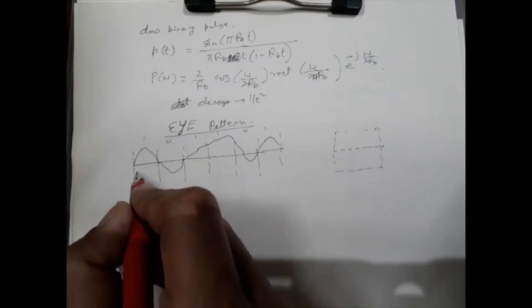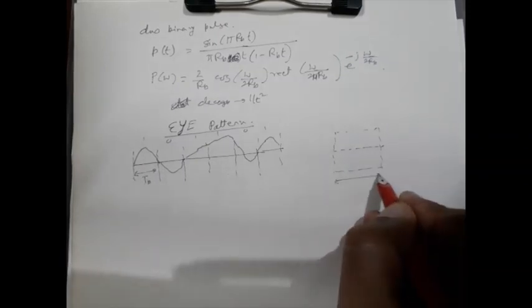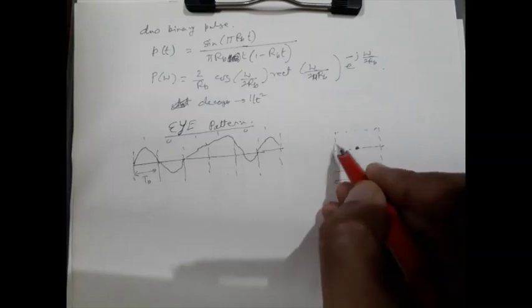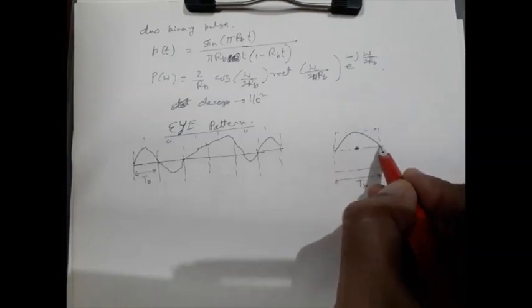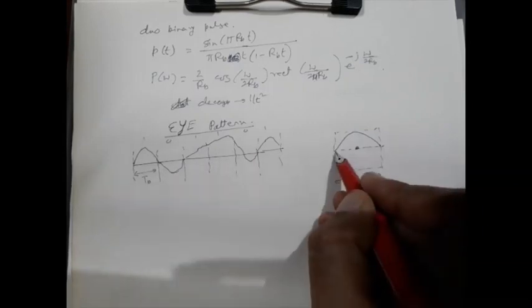display is set. This is TB. This is also TB. So first it will display this one. In the second trace it will display this one.